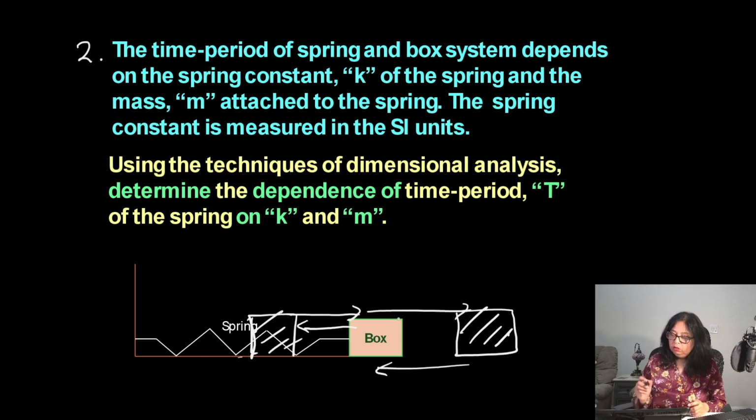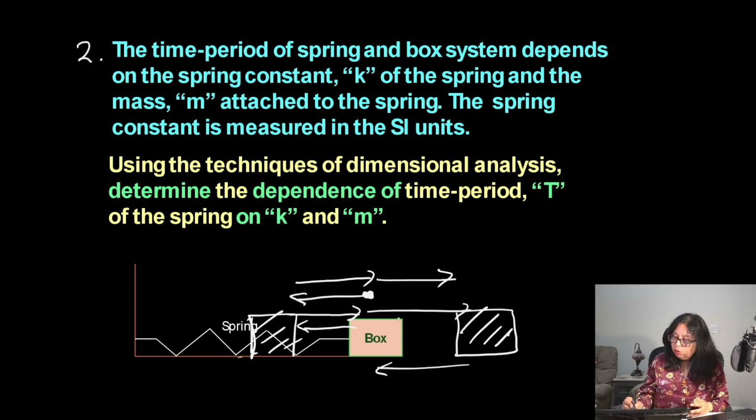Okay. So the time that the spring and this box system takes to go from the equilibrium that is at rest to one extreme position, come back to the equilibrium, overshoot it, go to the other side, and come back to the equilibrium.